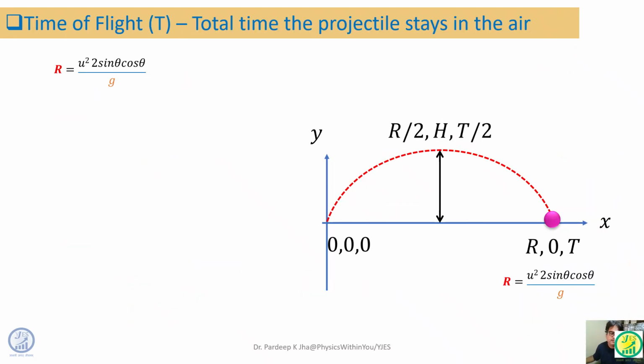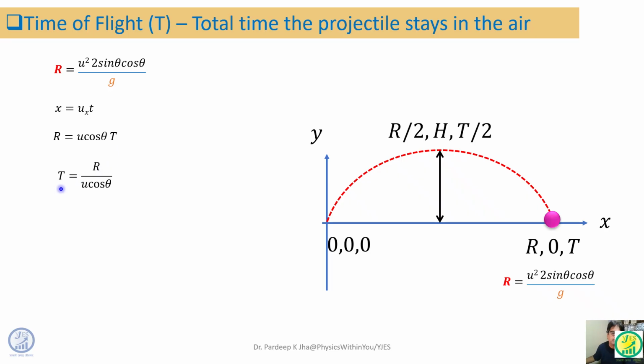Now the time of flight. Of course, when you get R, and you know the horizontal velocity is constant, R is known to you, and the horizontal velocity is uniform, so you can calculate the time simply. So x equal to ux times t. In this particular case, x becomes R, ux is u cos theta, and t is the time of flight.